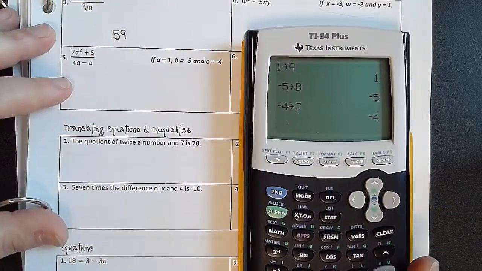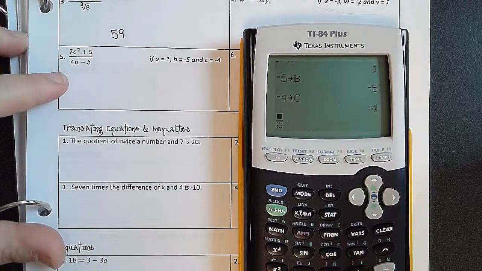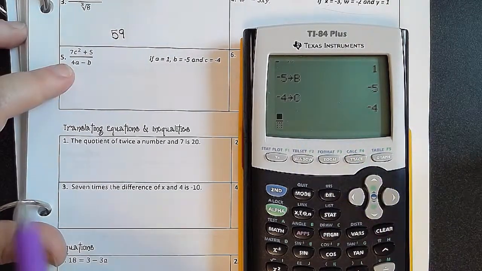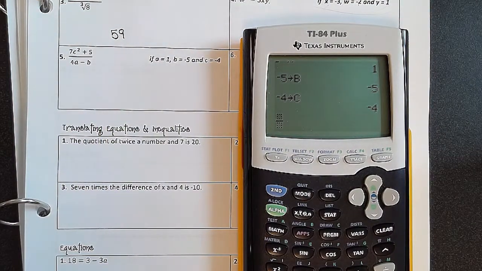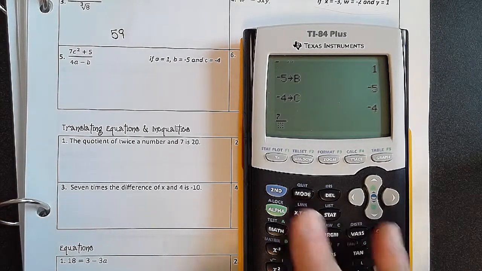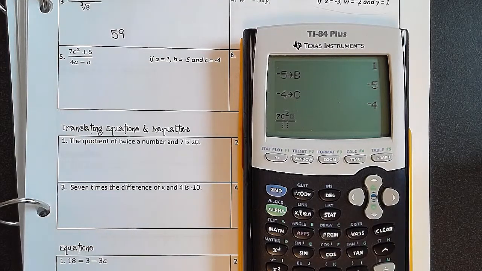Then I'm going to press my alpha y equals to get my fraction and enter this exactly how I see it. I don't have to remember parentheses or anything like that if I store my variables, which is fantastic. Okay, so I got 7 alpha c squared, right, plus 5.